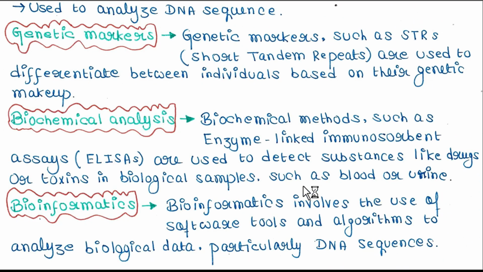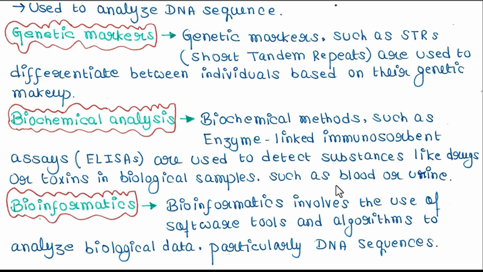Next is biochemical analysis. Biochemical methods such as ELISAs, enzyme-linked immunosorbent assays, are sometimes used to detect substances like drugs or toxins in biological samples such as blood or urine. Sometimes we need to find out whether the victim was provided any kind of drugs or toxins, so that we can do by using their blood or urine sample.